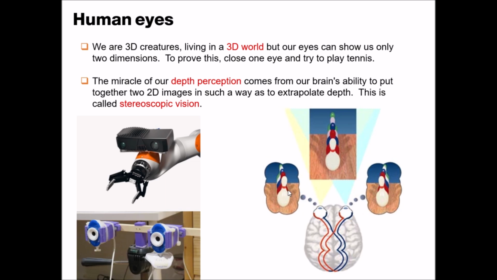So the human brain has the ability to process this 2D information and make it 3D. That's why, as humans, we can see and understand the depth and distance of objects. This system of the human is called stereoscopic vision. So now they try to apply the same system of the human to robotics systems, as you can see here.